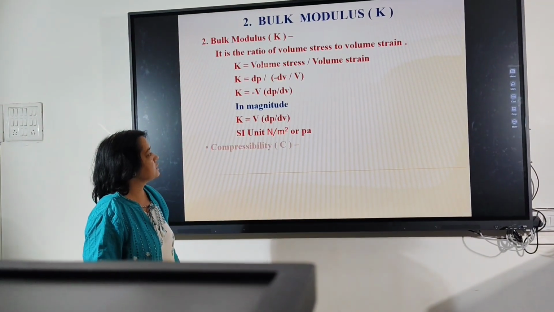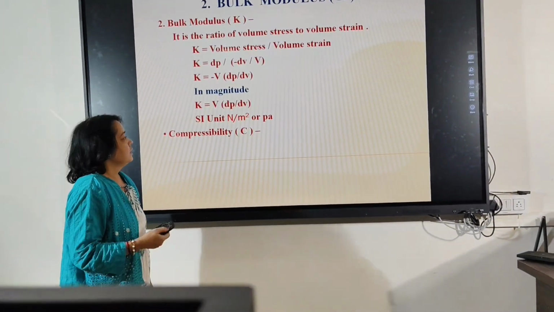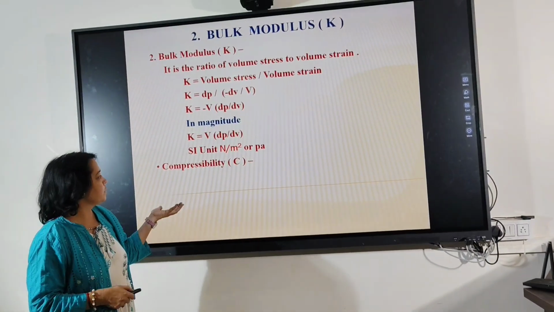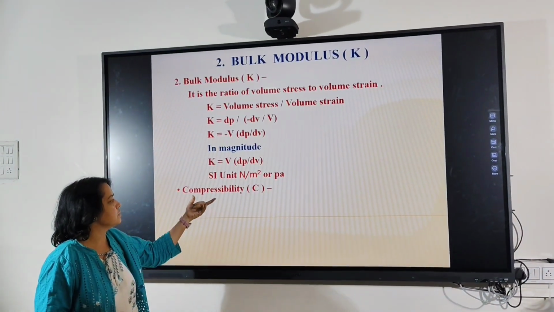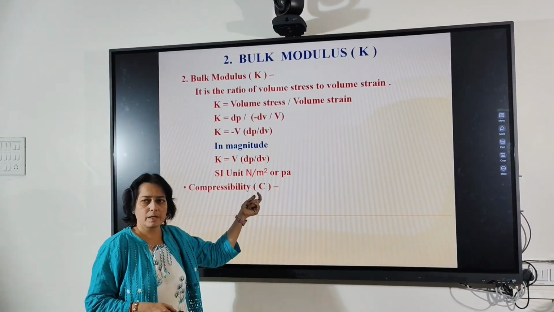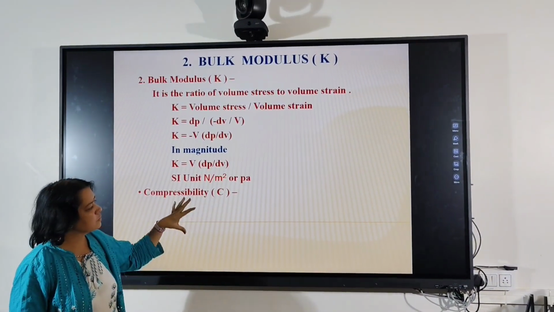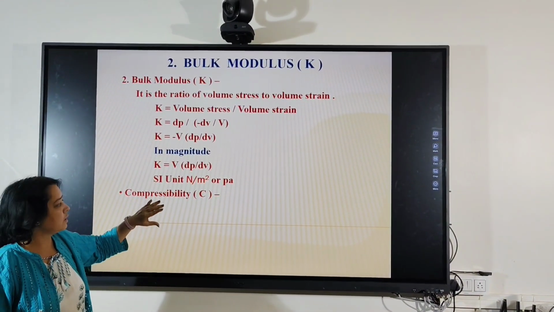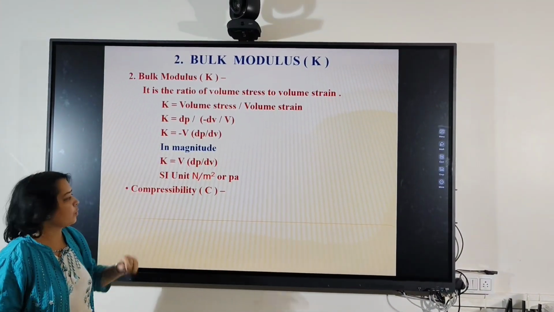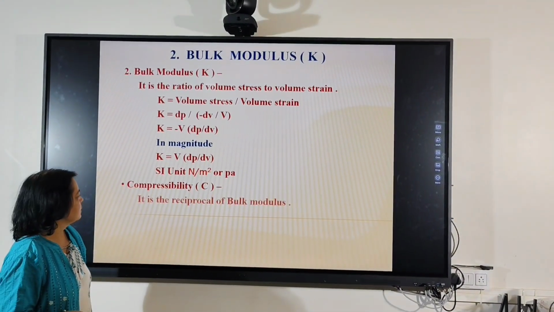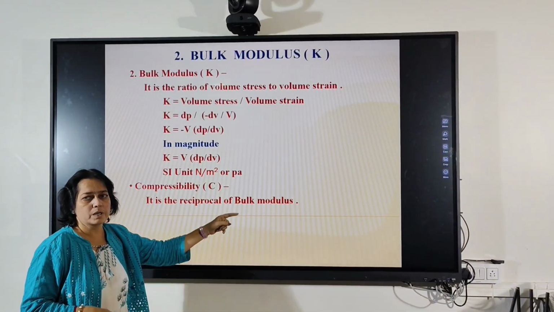Similarly, the next concept is compressibility, denoted by capital C. Compressibility is simply the inverse of bulk modulus, that is 1 upon K. It is the reciprocal of bulk modulus.